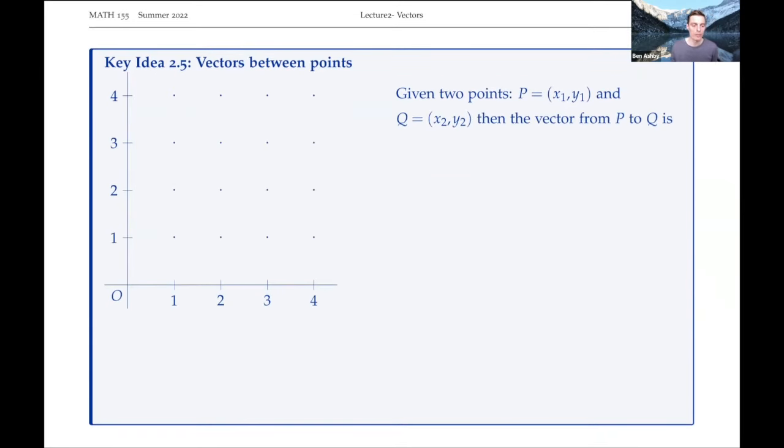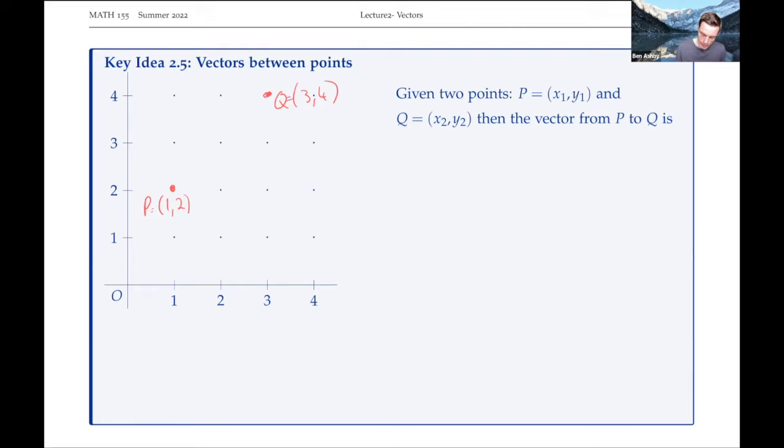What about if we have vectors between 2 points? So suppose we've got a point P and a point Q given by some coordinates in the space. So suppose, for example, we've got point P at 1, 2 here, and we've got point Q up here at 3, 4.